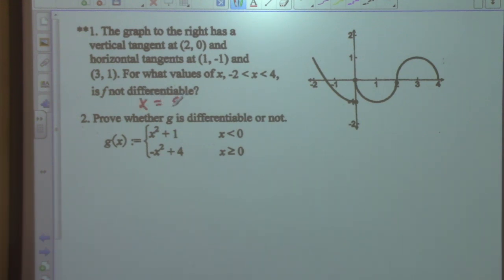So for what values of x is the function not differentiable? Based on what we had in that note card. Show me 2. So you think there are two places? Oh, I'm saying at 2. At 2, yes. So we'll say 2. Anywhere else?